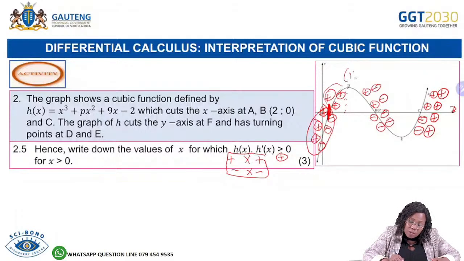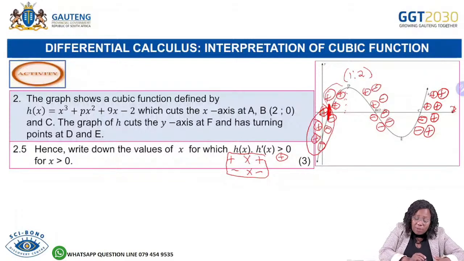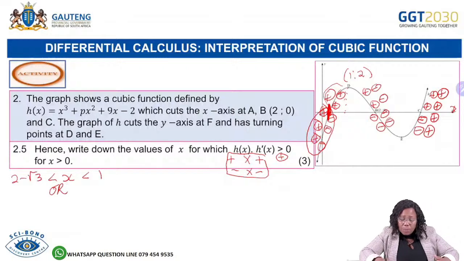It's (1; 2) there. So now the first answer will be between the x value of A, which is 2 minus square root 3, and the x value of D, which is 1. That is the first interval giving us a positive product.